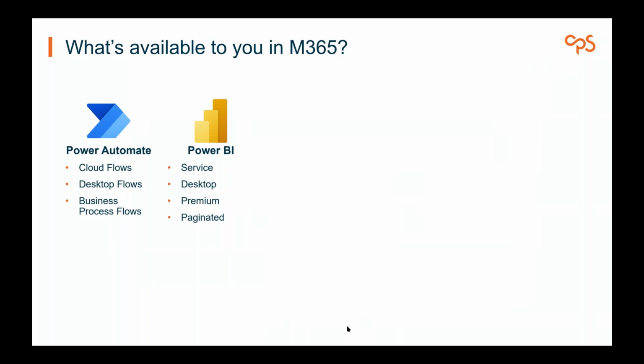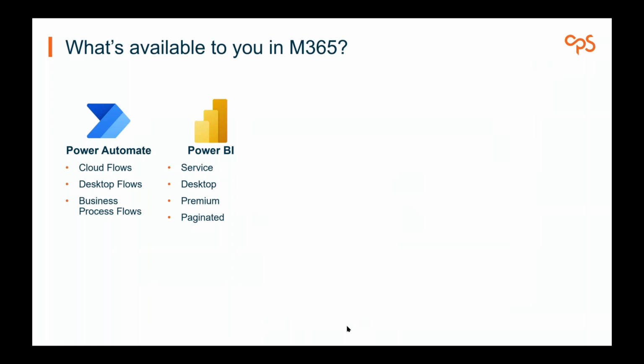We have desktop flows that can be used to automatically interact with desktop applications and pull that information out of those and push those into online services. So that could be a process that is run on a regular basis that is based in Excel, so extracting data from a third-party system.